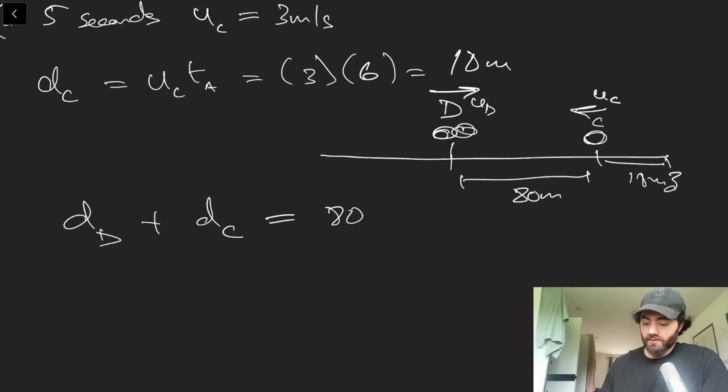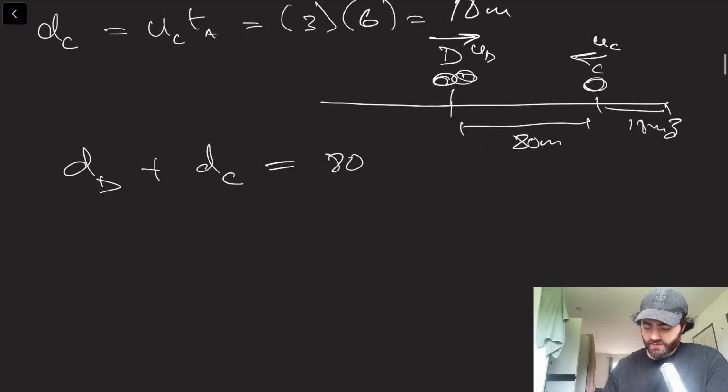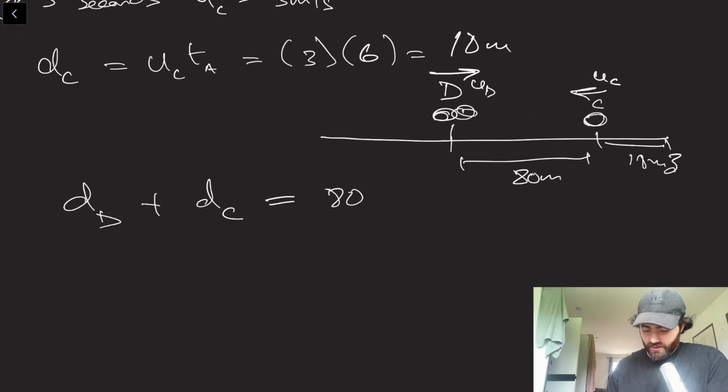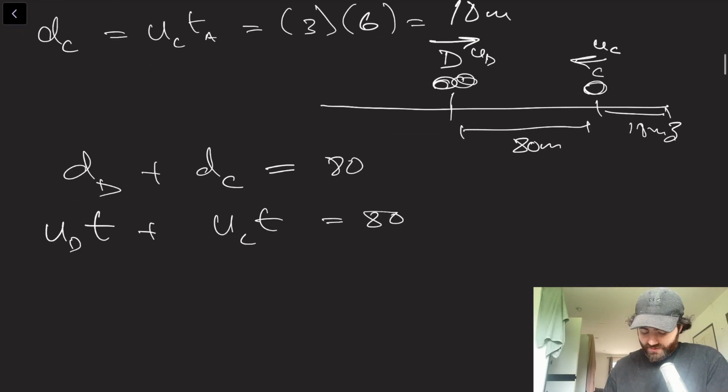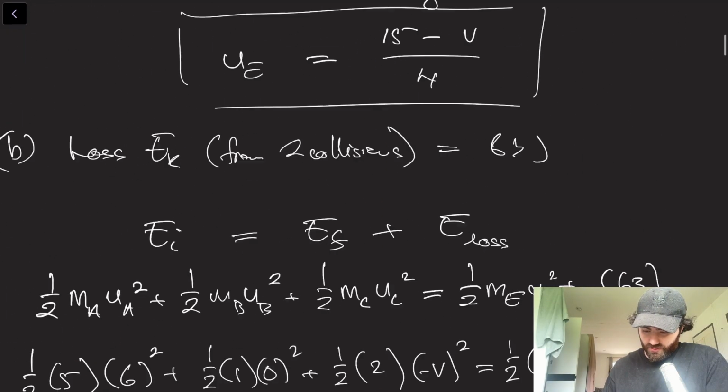But if one has moved 60 meters and the other 20 meters, they sum to 80, which means they've hit each other. I hope that makes sense. So U of D times the time that we want, plus U of C times the time that we want, equals 80. U of D was what?